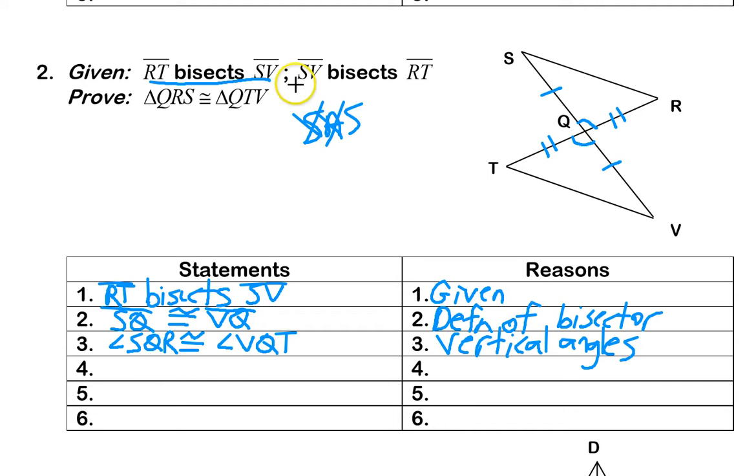Let's go ahead. We need to write our other given statement here. So let's do that next. We know that SV bisects RT because of given. Okay, so let's look at what that told us. SV bisects RT. So that cut RT in half, which means TQ is congruent to RQ.